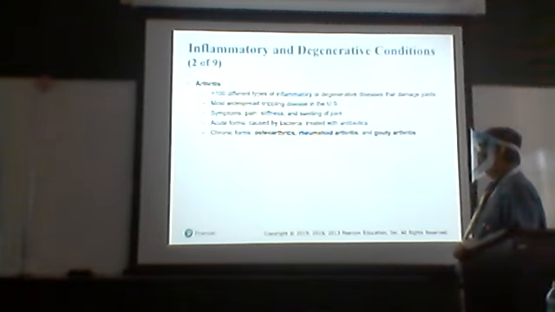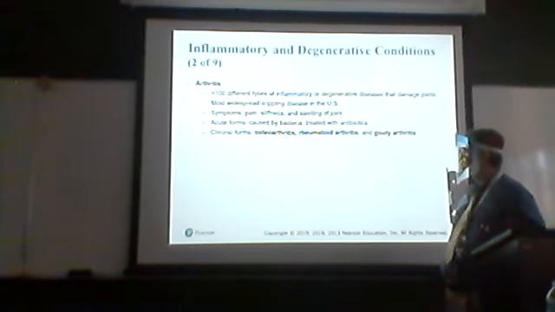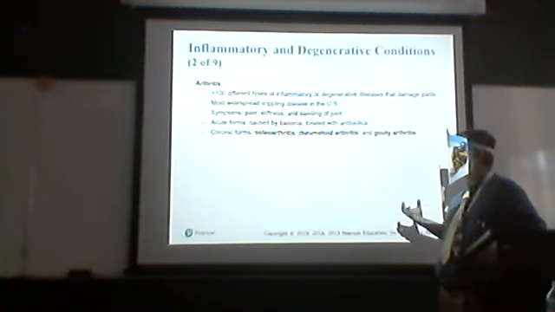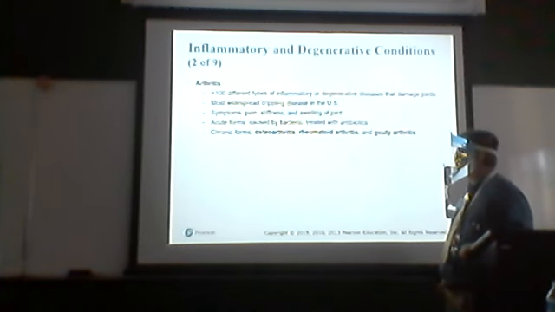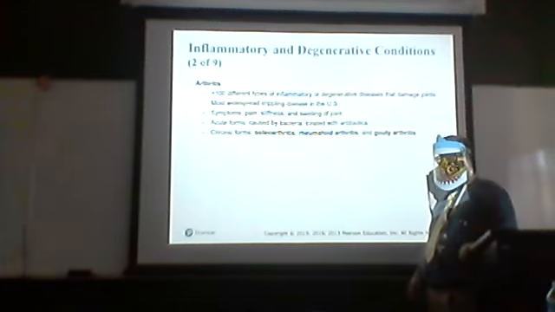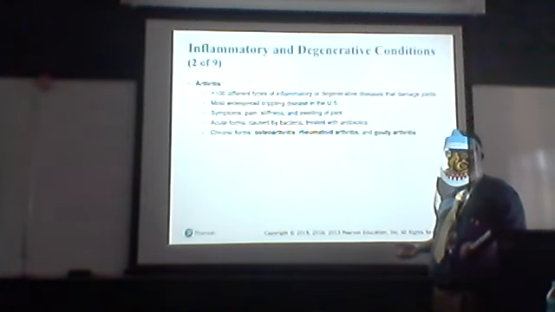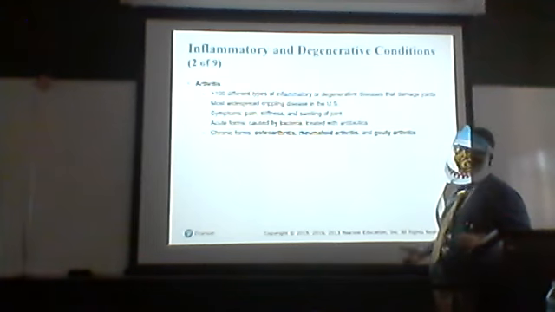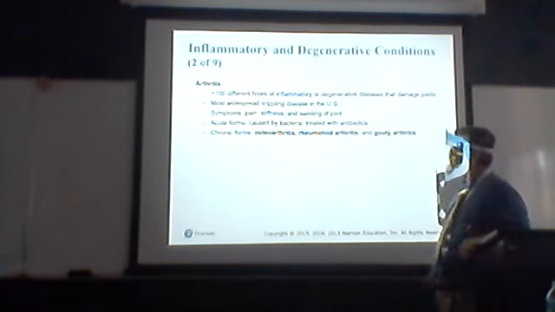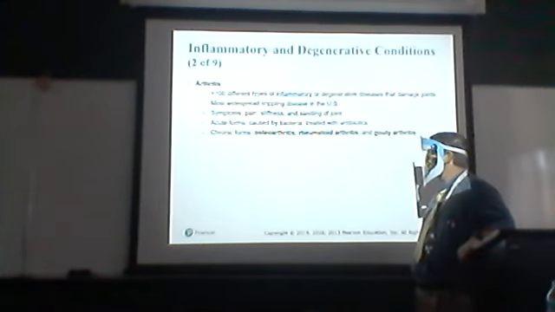Really bad forms can be caused by bacteria. Those are acute, they can come on suddenly, and you can treat them with antibiotics. But with rheumatoid arthritis, you're going to have to give the person something that lowers their immune system to get rid of some of the symptoms. Then they run the risk of getting sick all the time.